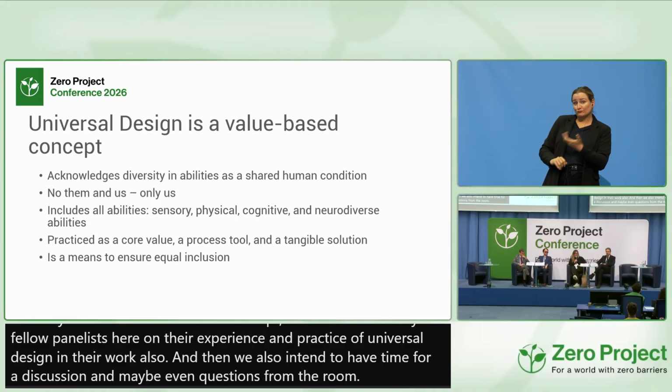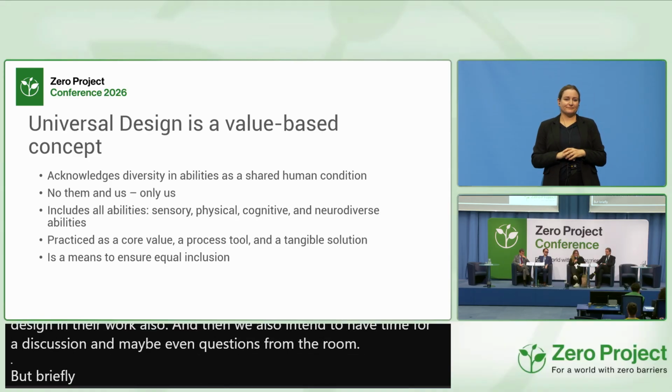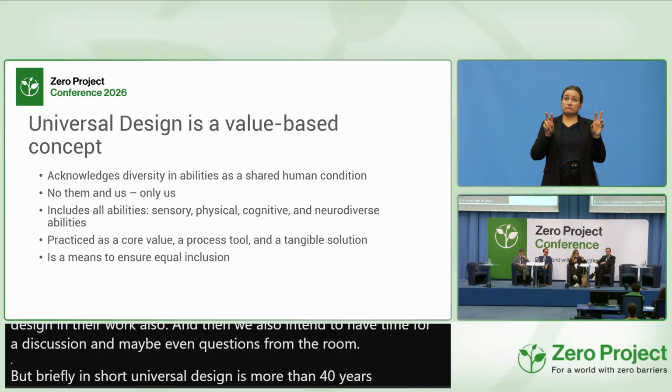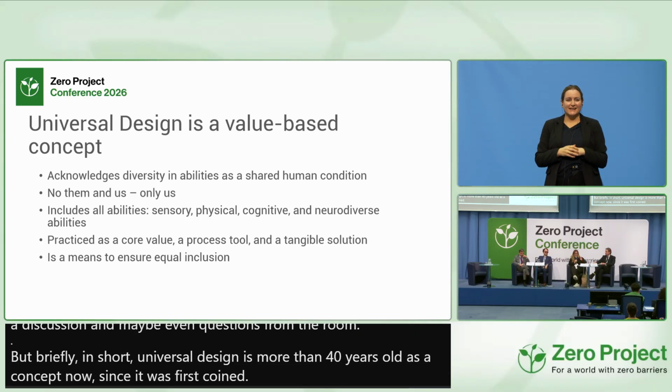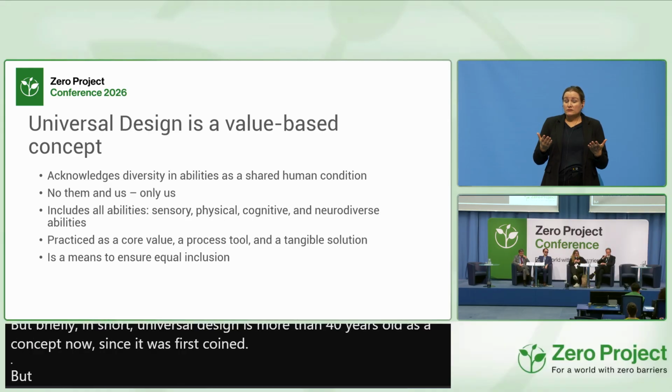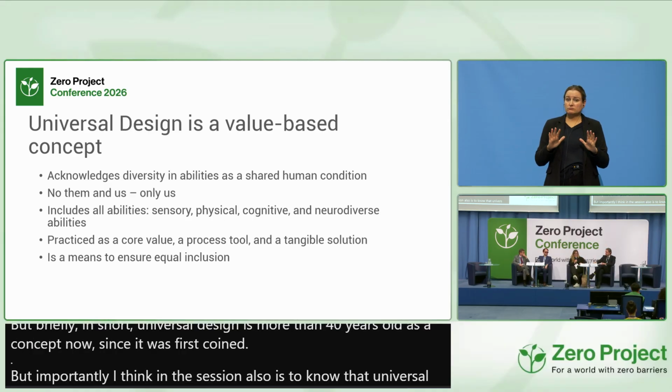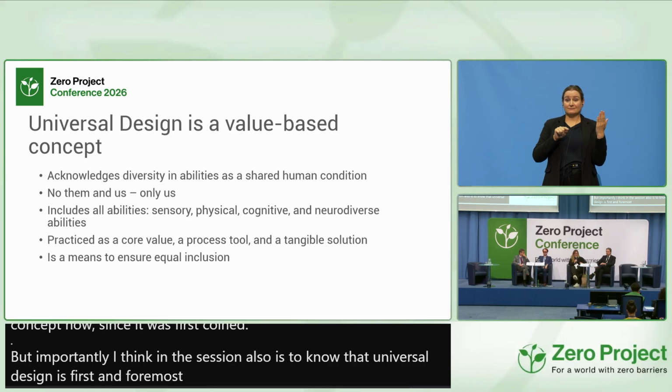But briefly, in short, universal design is more than 40 years old as a concept now, since it was first coined. But importantly, I think in this session also is to know that universal design is first and foremost a value-based design concept.